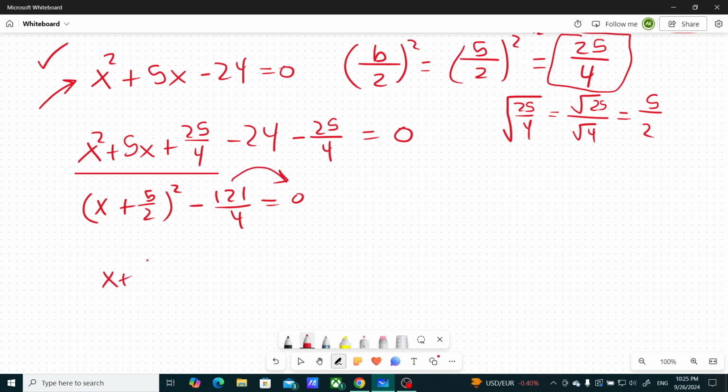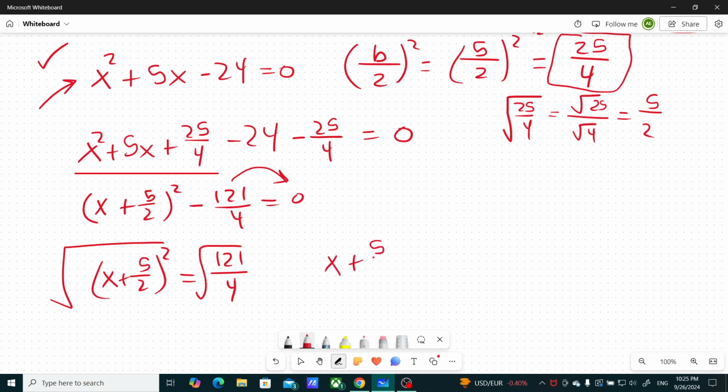I'll have x plus 5 over 2 squared equals 121 over 4. I will square root both sides. I will have x plus 5 over 2 on the left, and the square root of 121 over 4 is basically plus or minus 11 over 2.